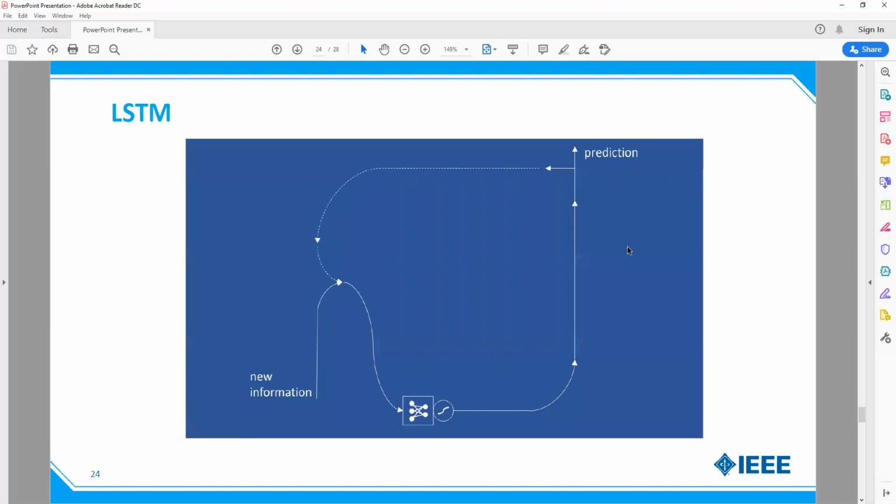This is where LSTM comes in and tries to mitigate that problem with the vanishing gradients, as well as exploding gradients, where if our partial derivatives between each point are above 1, then we'll have a tendency for that gradient to explode.